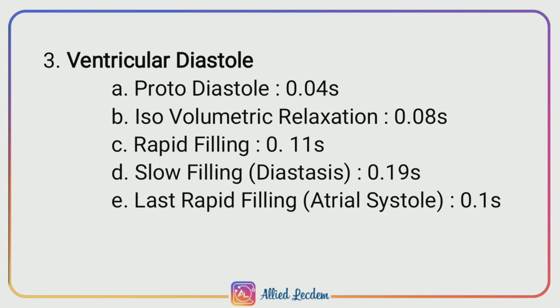Then ventricular diastole: protodiastole for 0.04 seconds, isovolumetric relaxation that lasts up to 0.08 seconds, rapid filling for 0.11 second, slow filling, also known as diastasis, for 0.19 seconds, and lastly the rapid filling phase or the atrial systolic phase, which lasts up to 0.1 second.